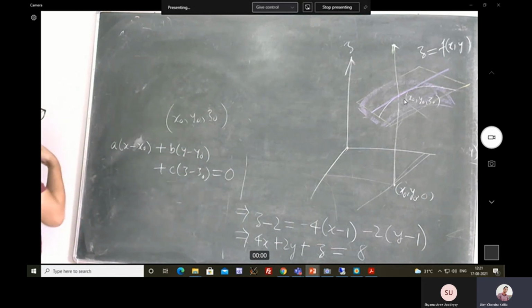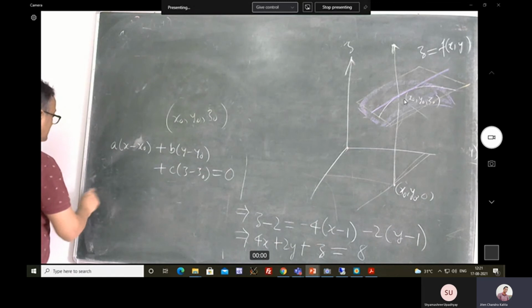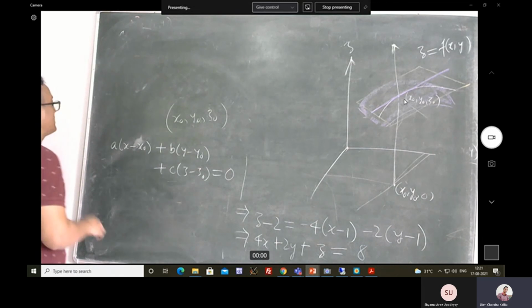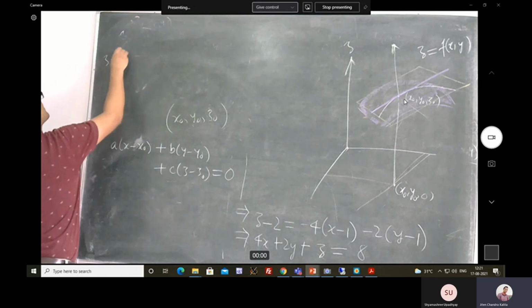And now we have found that the equation is given by something like this.